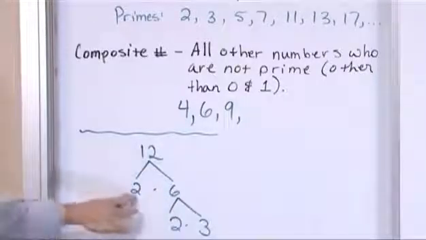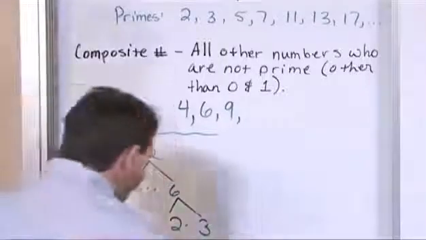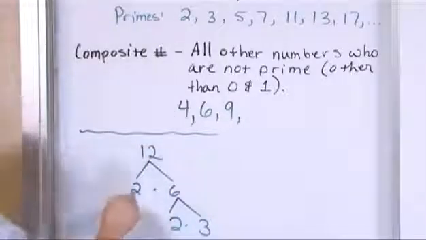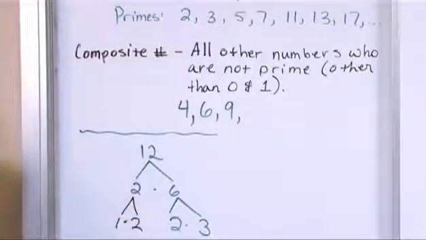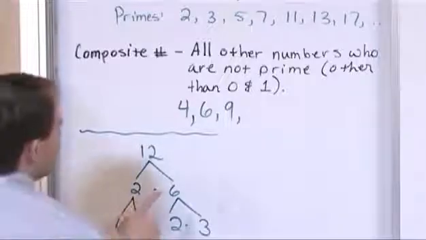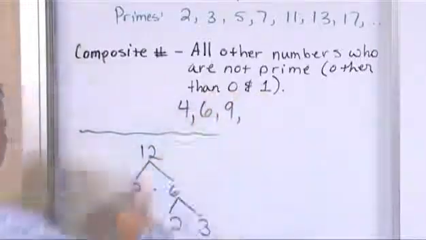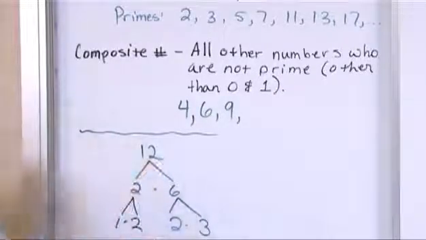But you see, when I get to a point like 2, I could sit here and say that 2 is equal to 1 times 2, and I could continue the tree, but that's not really going to make it any simpler, because the prime factors that we're interested in are not going to include 0 or 1. So it wouldn't really help me to put a 1 here. That's not going to really get me where I want to go. And 2 is already a prime number.